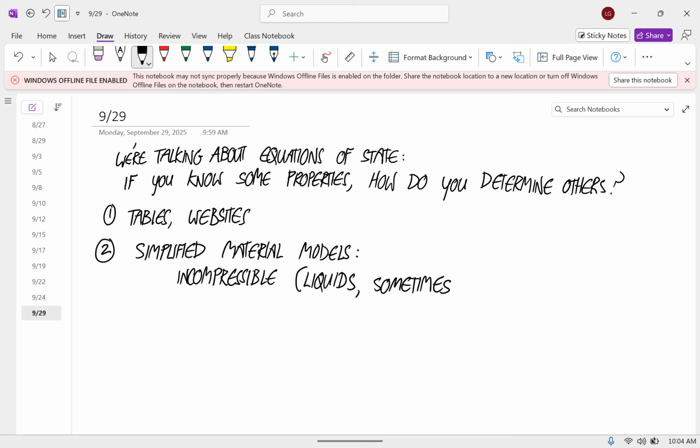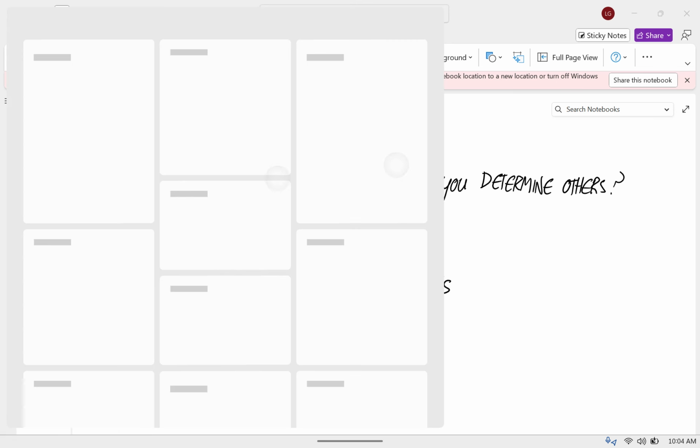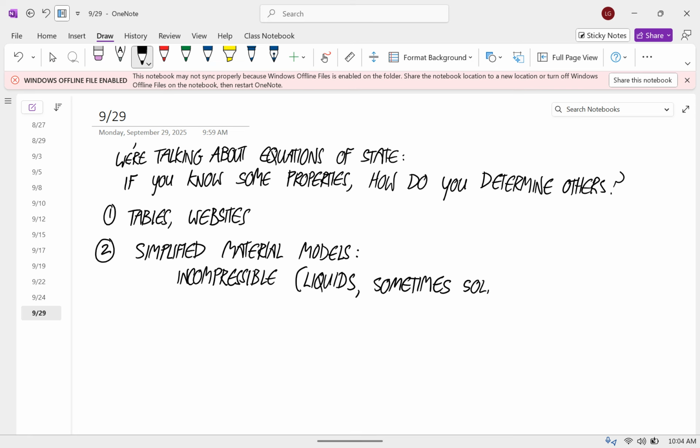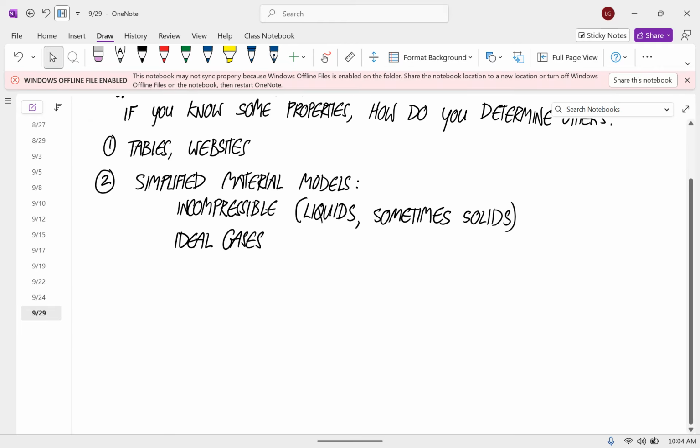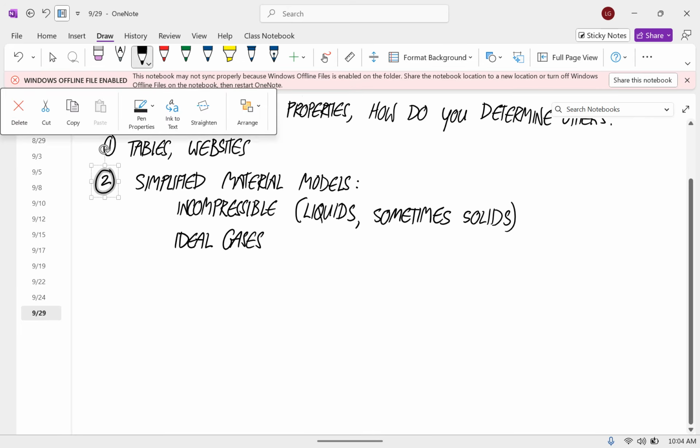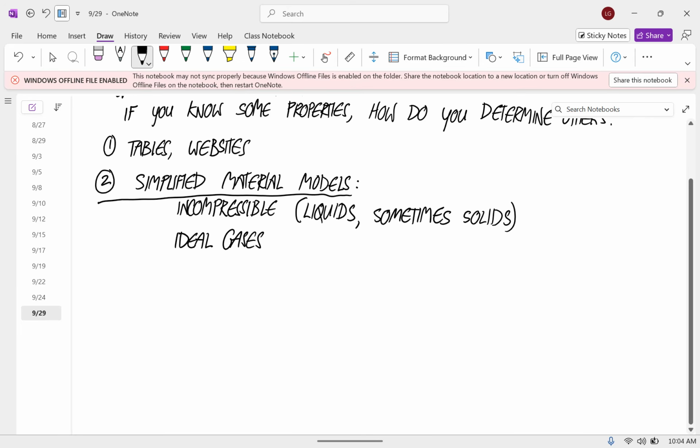The thermodynamic properties of solids, I mean. And then the other simplified material model that we're going to use is ideal gases. So this is what we're talking about right now.